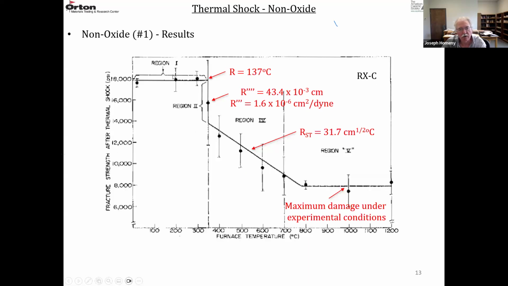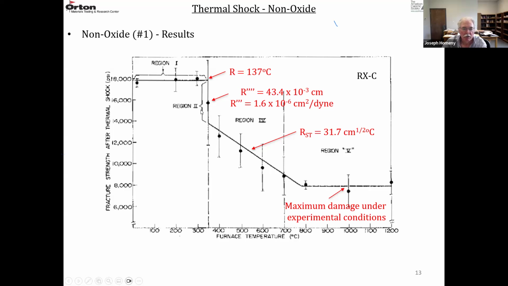So RXC is a little bit higher, but neither one correctly predicted where the first delta T critical is. Again, these may not really apply to refractory material like this. These aren't terribly high strength materials.